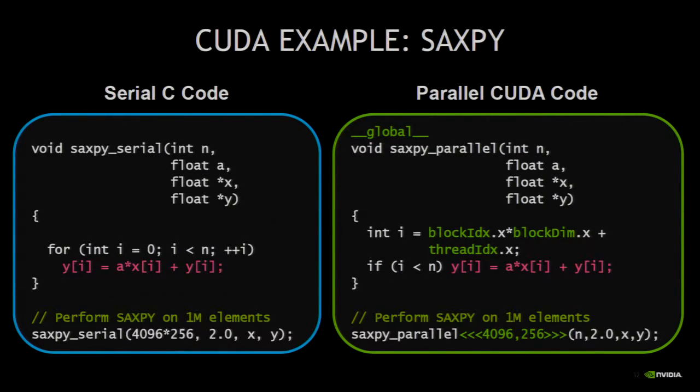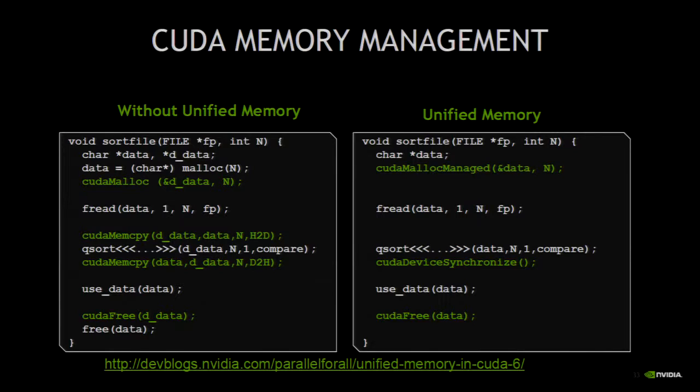Of course, here you can run the program on the GPU, but how can you manage the data on the GPU? In CUDA specifically, there are two ways. You can do explicit allocations by using cudaMalloc. On the left side is a simple example where you read something from a file, sort it, and then use this data somehow.